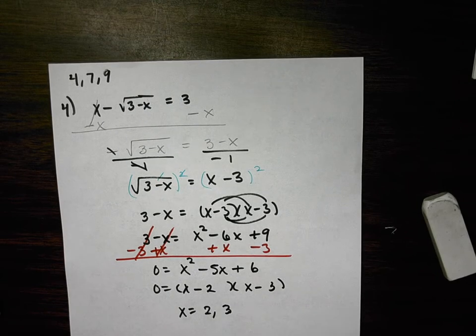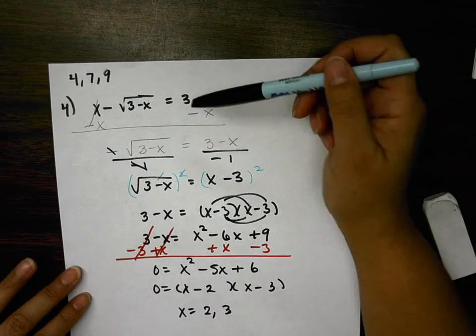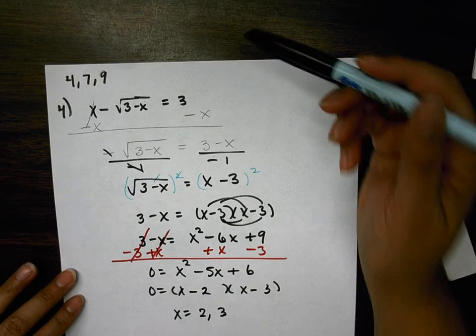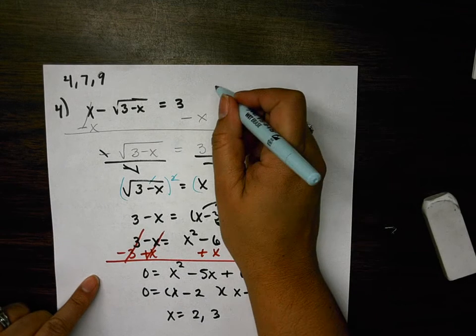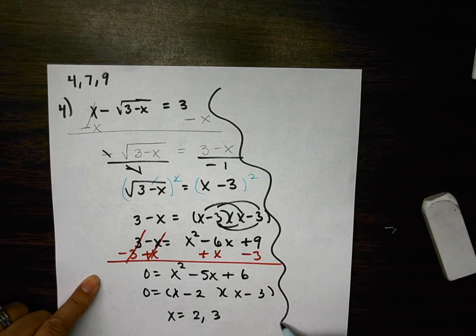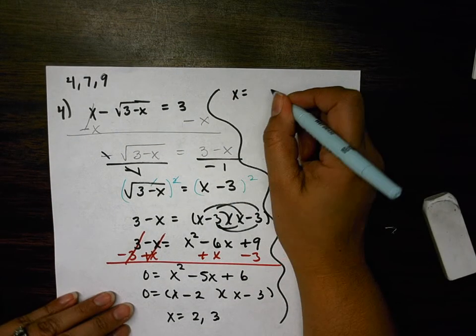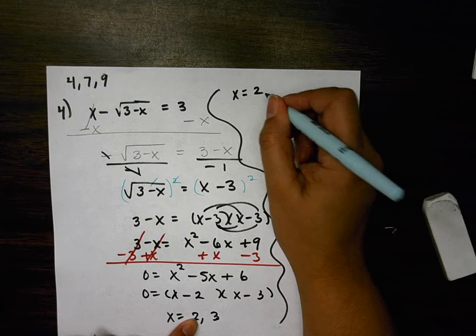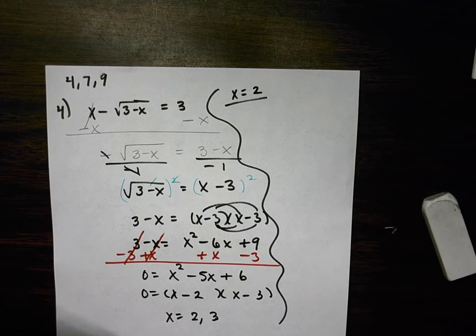Yeah. Why is that? What I said earlier. Remember when I pointed out problems, I named a few problems, 3, 4. I said when there's square roots in the beginning, do you have to check? Yes? Okay. Which ones shall we check first? 2?